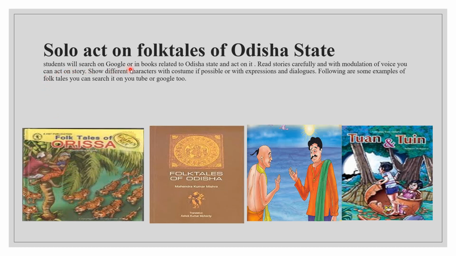So you will search for stories on Google or YouTube of Odisha state, particularly Odisha state, and you will read the stories carefully and with modulation of voice. What is meant by modulation of voice? It means you will change your voice a little bit, and with the help of that voice you will act out a story. You will express the story with modulation of voice, with different characters, with dialogues.